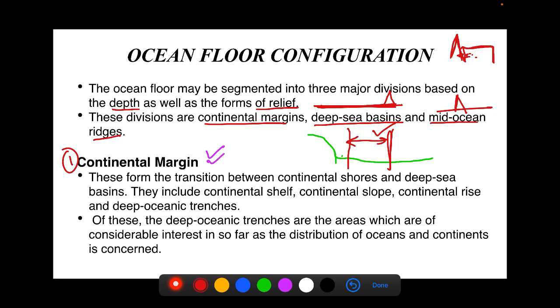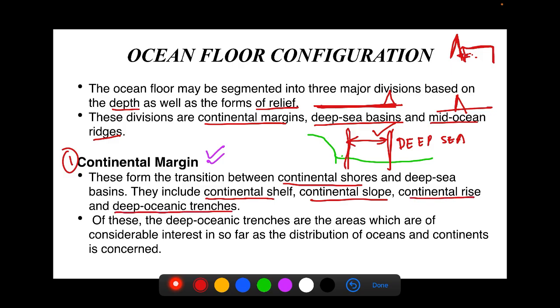These form the transition between the continental shore and the deep sea basin. They include the continental shelf, continental slope, continental rise, and deep oceanic trenches.